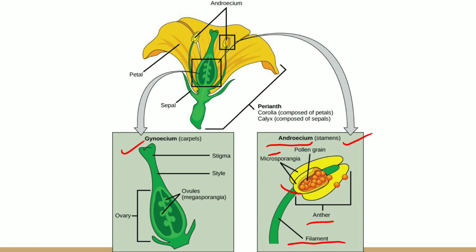This is the gynoecium part of the flower, which consists of carpels or pistils, which further consist of stigma, then style and ovary. Inside the ovary, the ovules, that means megasporangia, are produced, which will further divide and form the egg and embryo sac.